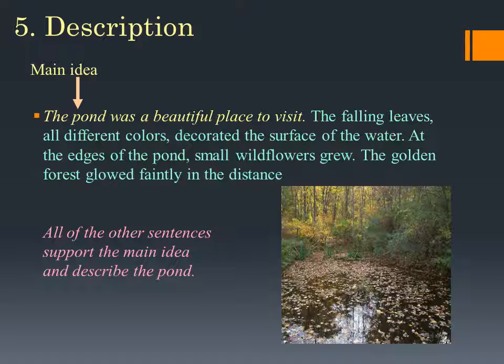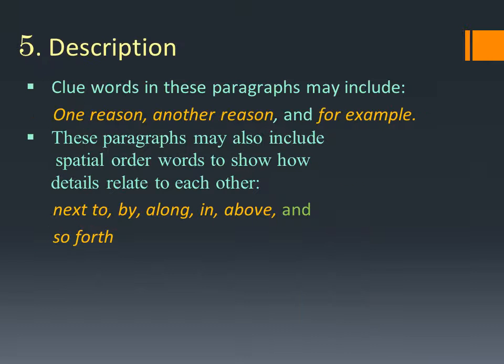And then he's describing: the falling leaves, all different colors, decorated the surface of the water. At the edges of the pond, small wildflowers grew. The golden forest glowed faintly in the distance. So basically, after the main idea, the remaining sentences support the main idea and describe the pond. So that is the other text structure that we're doing, which is description.